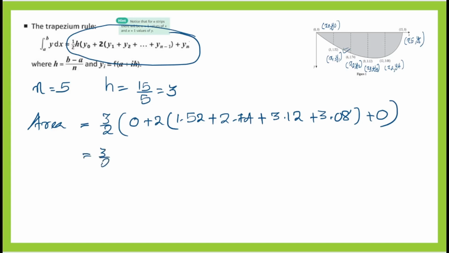That equals 3 by 2 times 2 times 10.46 equals 31.38 meters square.